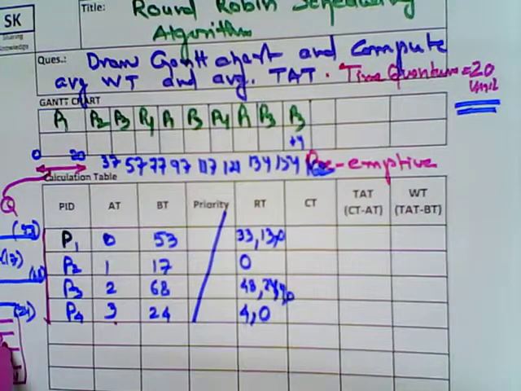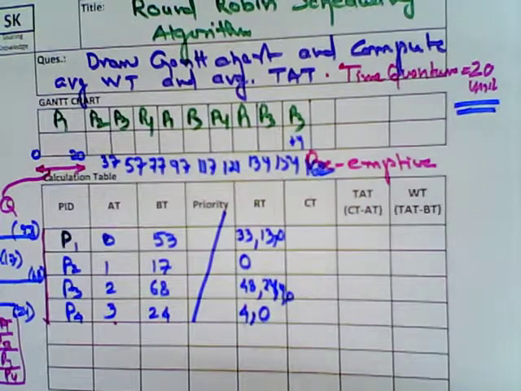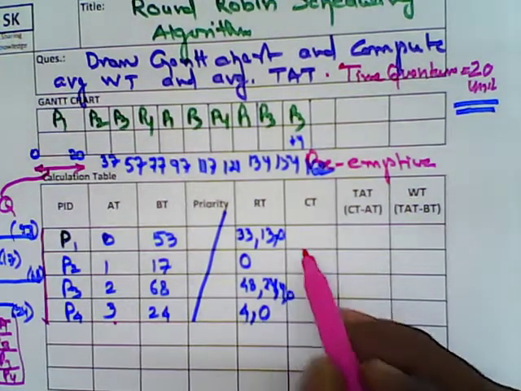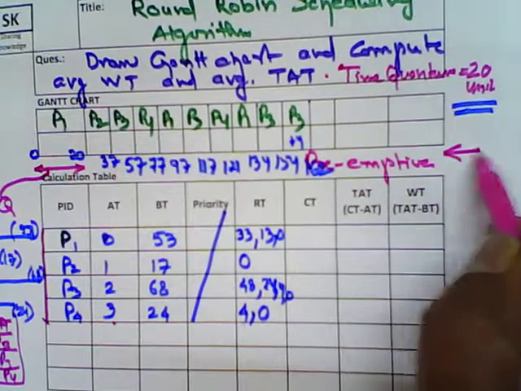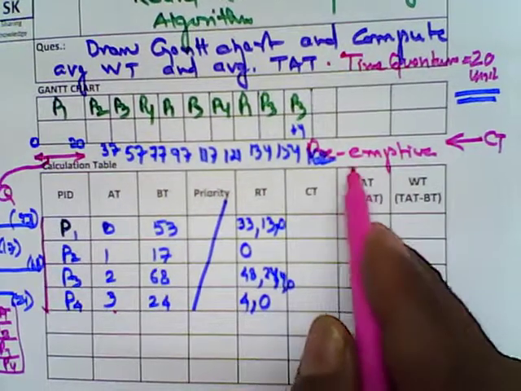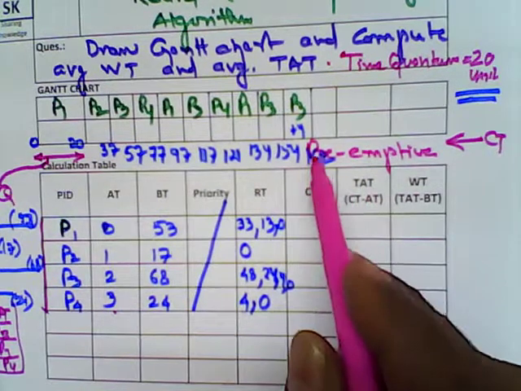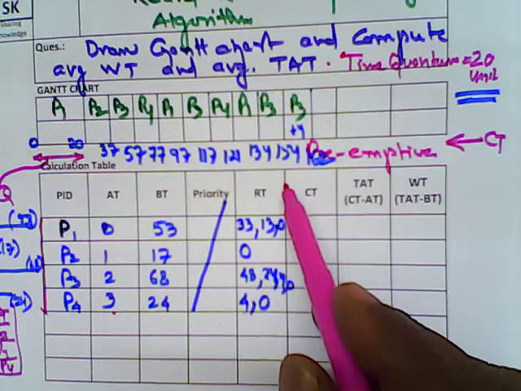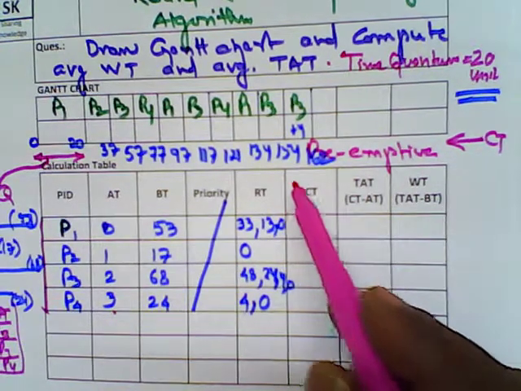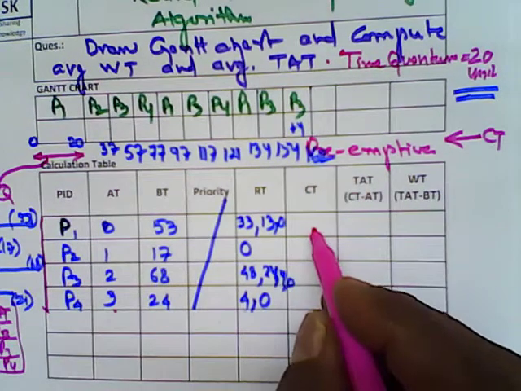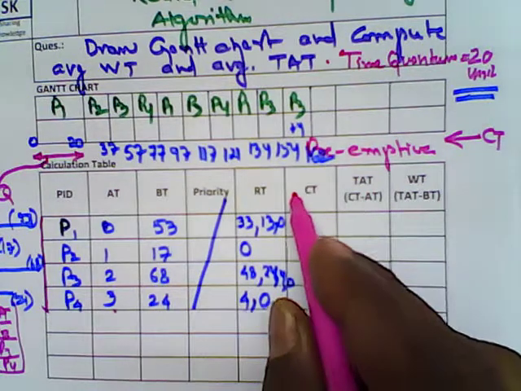Now we have to see the CT. We will see the CT from here, which process is at the last. If you see, the P3 process, which is mentioned in that particular scenario, starts at the last point. So CT, if you try to see, is process P3 162, then P3 we will ignore.